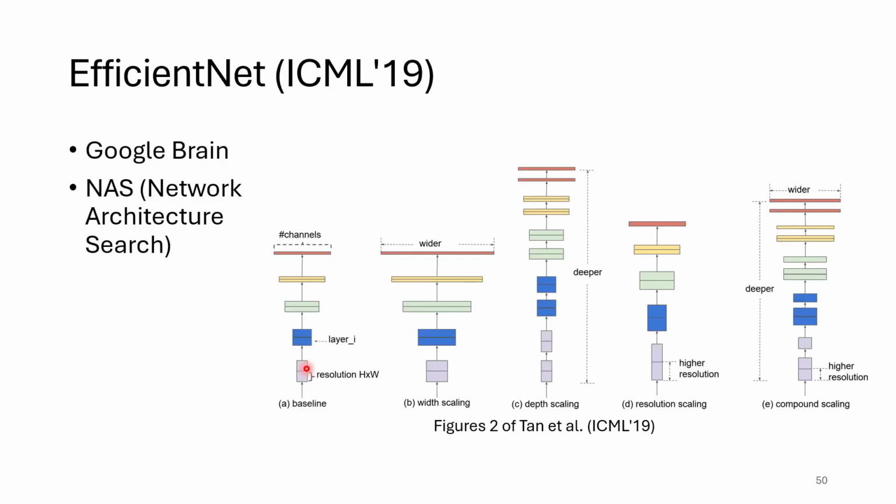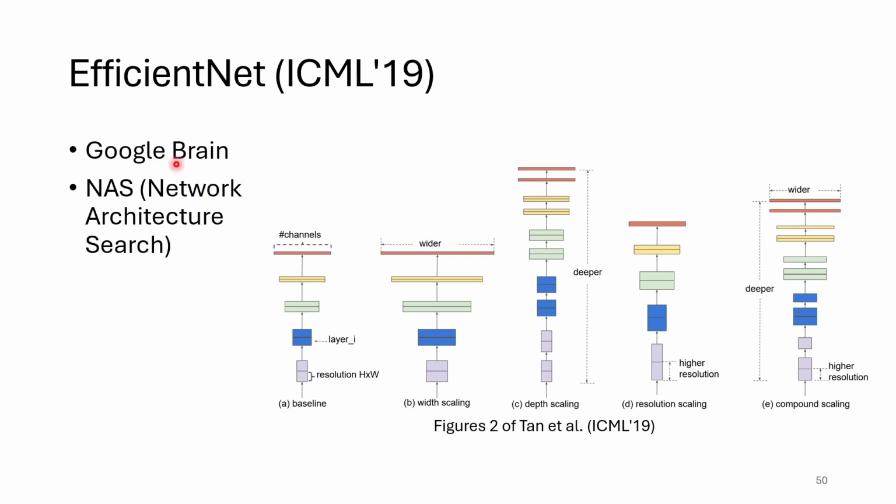Alright, after SENet, there's no more ImageNet challenge. But there are still more methods developed to attack the task. So this is EfficientNet. It is developed by Google. What is EfficientNet? The idea is very simple. There are many parameters for a neural network: its width, its depth, and the resolution used.